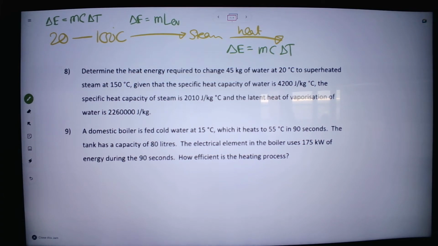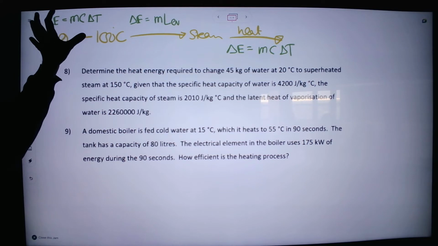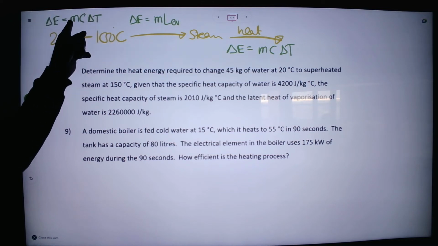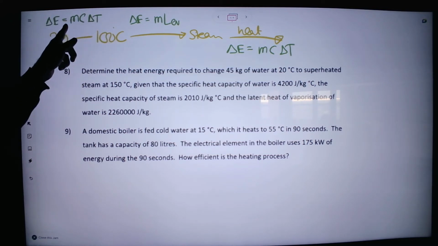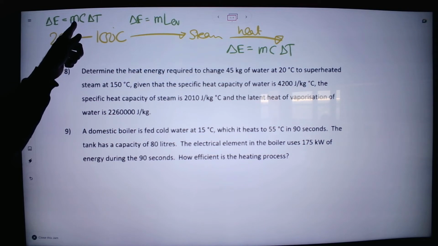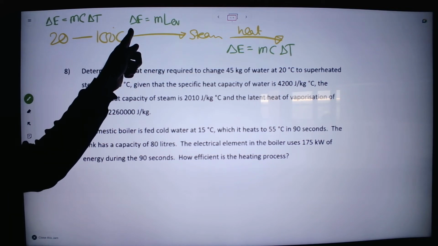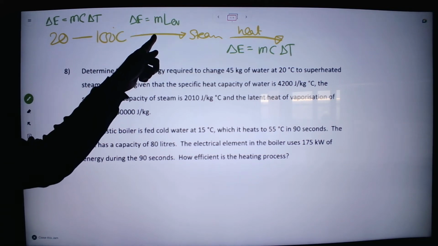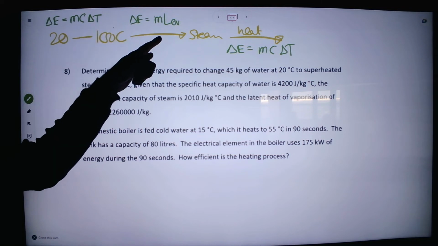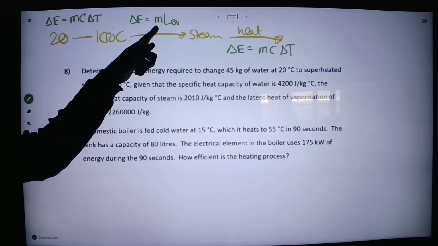So there are 3 steps, and you're providing the heat energy. First step is heating the water from 20 to 100. That's the formula: mass of the water, specific heat capacity of the water, change in temperature of the water. Now we convert all 45 kilograms of water into steam.